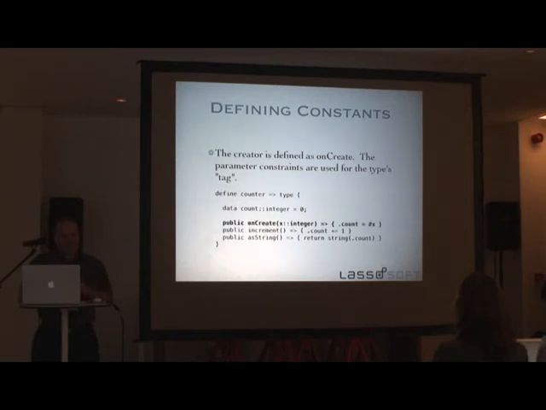So if we want to call counter, our creator requires a parameter x, which has to be an integer. So when we call the tag counter, we have to call it with an integer parameter.